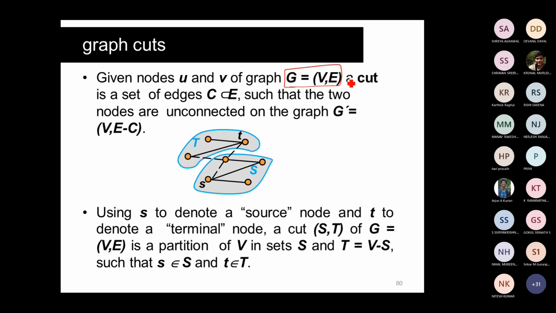A cut is a set of edges such that the two nodes are unconnected in the graph G dash, V comma E minus C, which means we are going to make use of a source node S and T is going to be the terminal node, and there is a graph cut edge S comma T which will partition the entire graph. So it will break the entire connection.